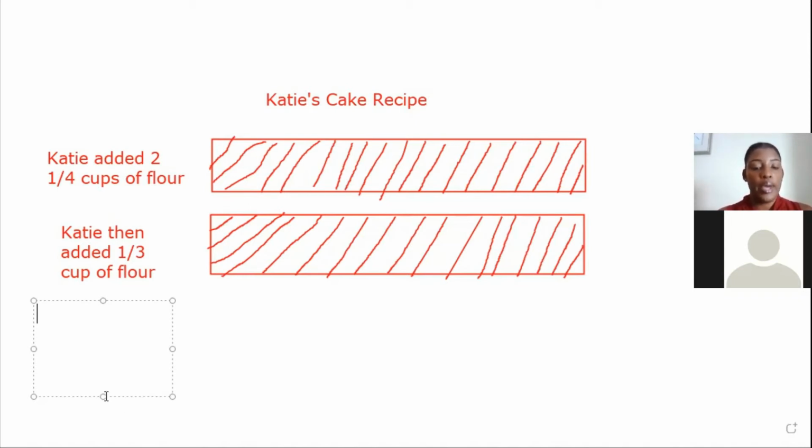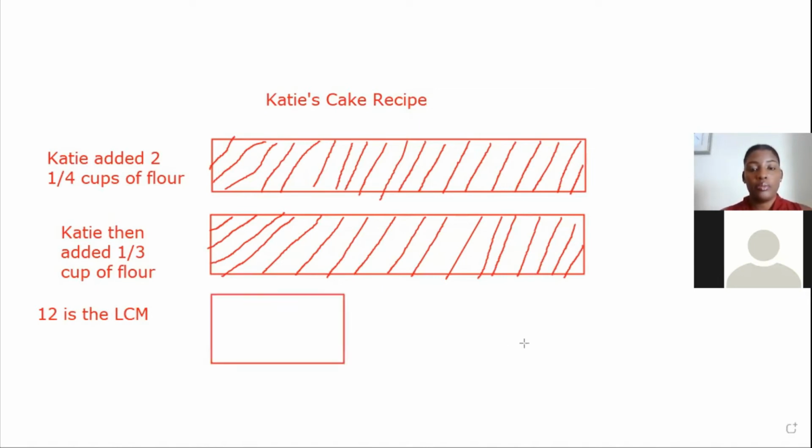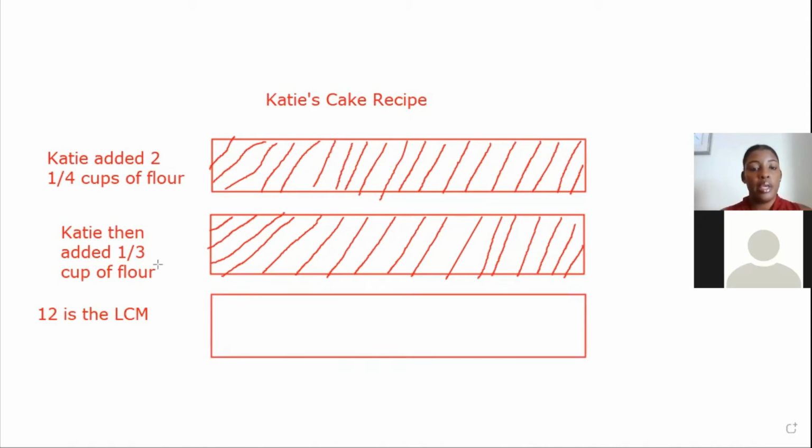So we can say that 12 is the lowest or the least common multiple, and we represent that by using the acronym LCM. And let's put it like this, LCM. So 12 is the LCM. So that's how we know what the whole is. So the whole is 12 because 12 is the LCM that both of these numbers will go into without leaving a remainder, or the number that both of those numbers can be multiplied by a number to get.